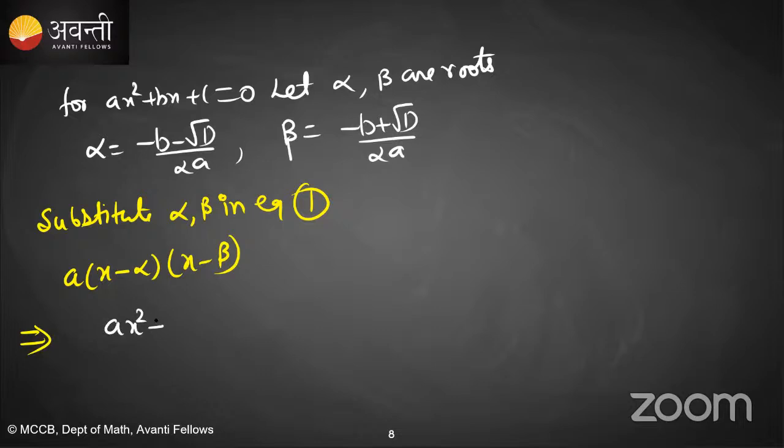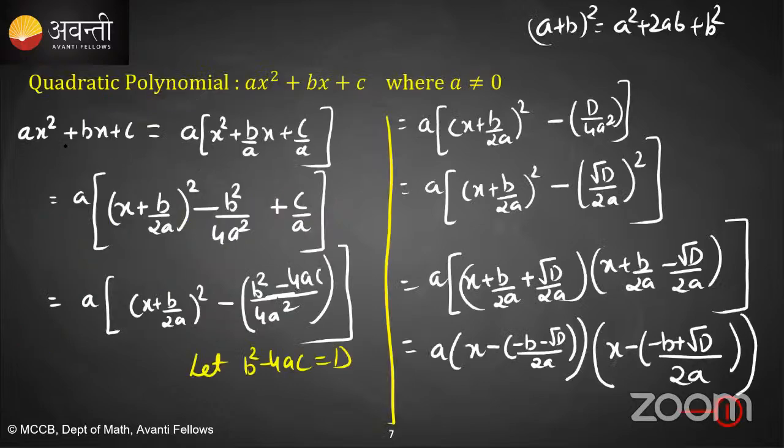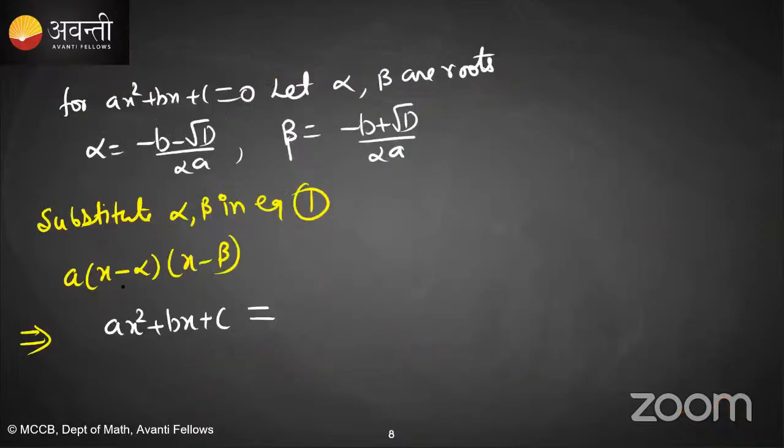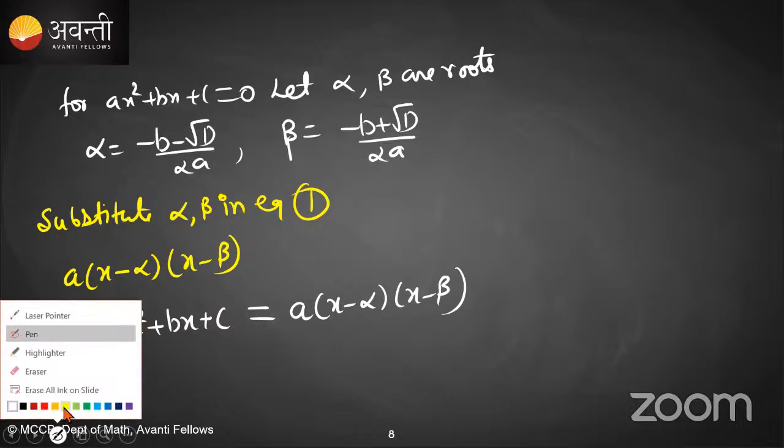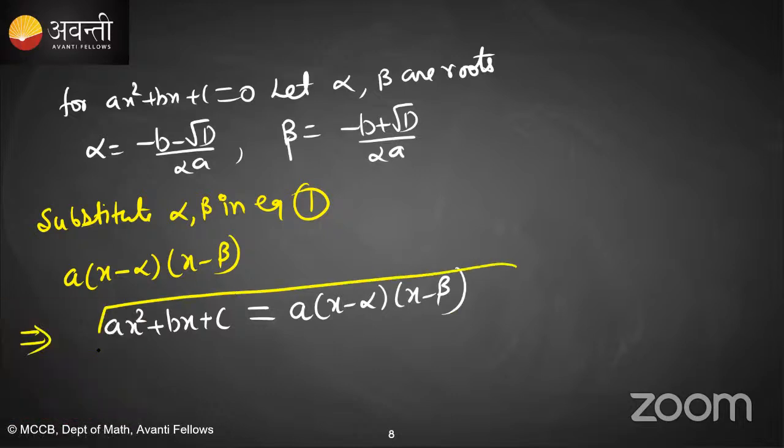So it means ax square plus bx plus c is equal to, see, we started from ax square plus bx plus c, and after working through we got a into x minus alpha, x minus beta, right? So it means ax square plus bx plus c is always equal to a into x minus alpha, x minus beta. Is this clear? Everyone tell me quickly in the chat box, is this clear or not? Very very important result, very important result.